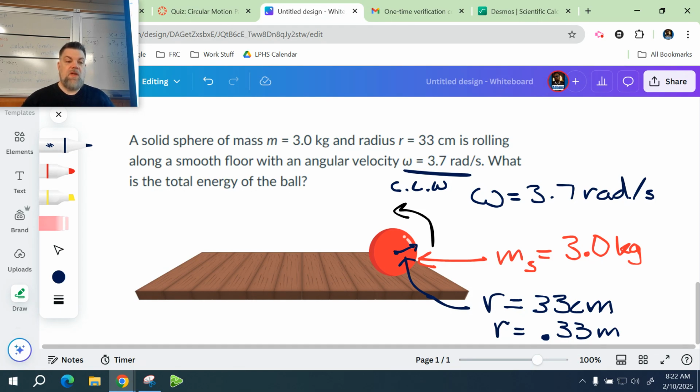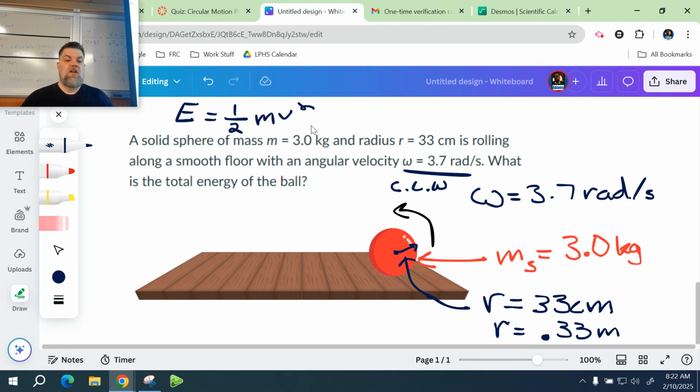Well, you probably don't remember this, but let's think about kinetic energy. Remember, this kinetic energy is equal to 1/2 times the mass of the object times the velocity squared. Do you guys remember that?